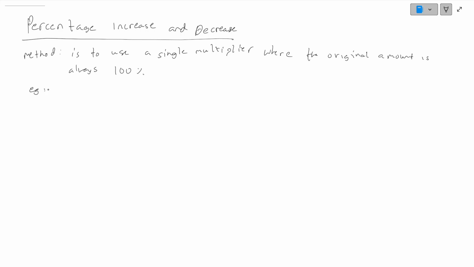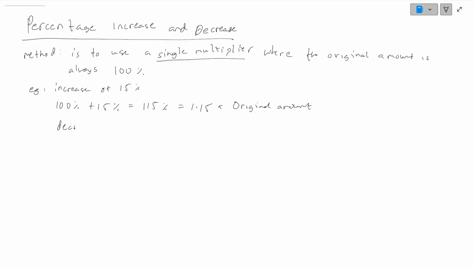So, for example, if you're looking at an increase of 15%, then since your original amount is 100%, you are increasing 15% to that, which will give you 115%, which in decimals is 1.15 after dividing by 100. And then what you will do is just take that 1.15, that's your single multiplier, and multiply by that original amount. That's how you do percentage increase.